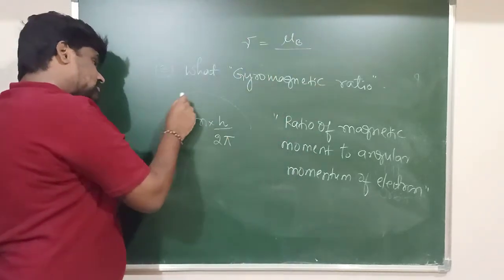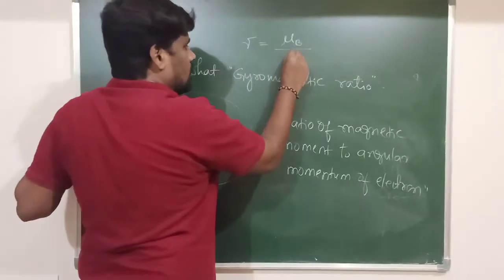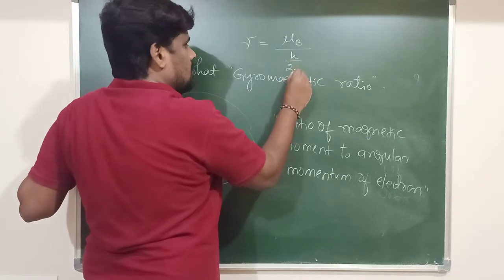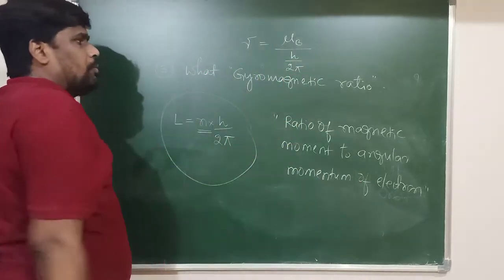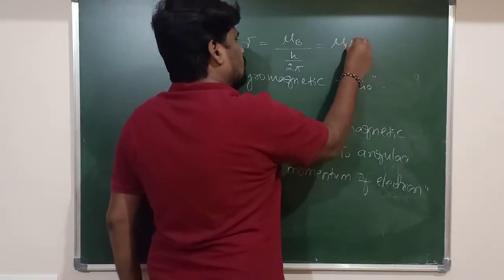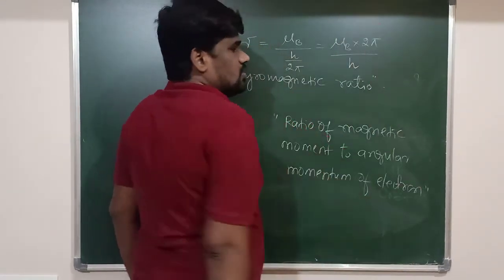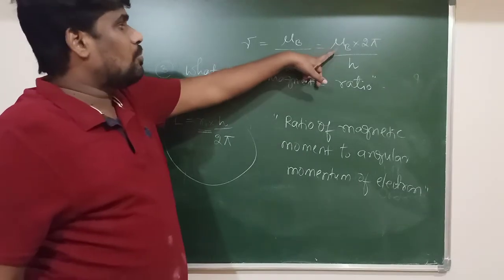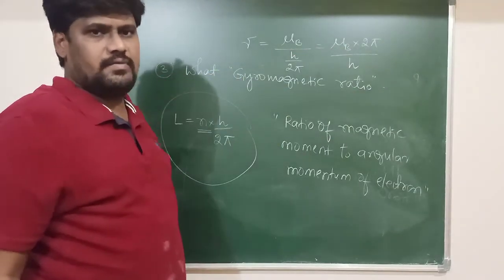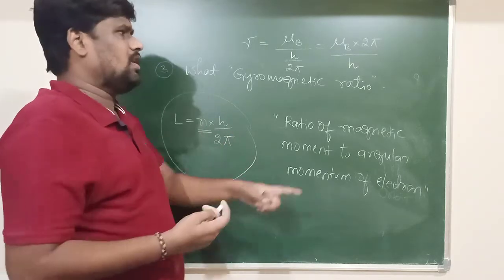Divided by the angular momentum of the electron revolving at the first orbit, which is given by h divided by 2 pi. Take 2 pi to the numerator. It will be μB times 2 pi divided by h. What is μB? It is called the Bohr magneton. Its value we already know: 9.27 × 10^-21.